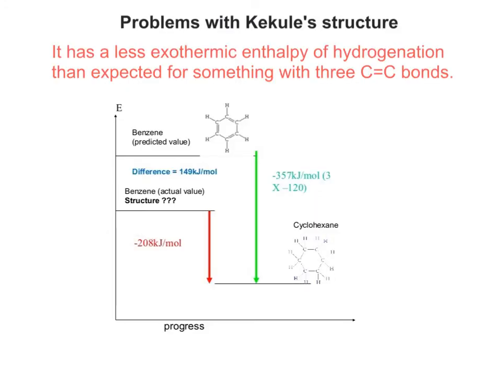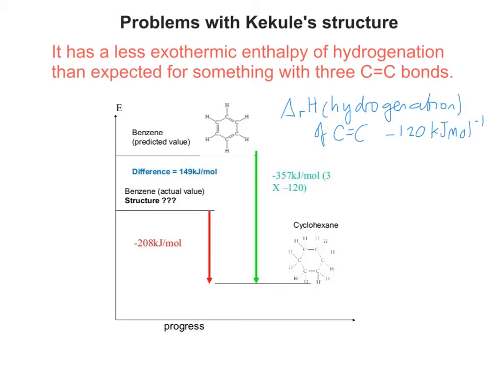When we hydrogenate benzene using hydrogen gas and a nickel catalyst, the enthalpy change is a lot less than what we'd expect. If you were to assume that benzene had three carbon-carbon double bonds, each carbon-carbon double bond has a hydrogenation enthalpy of minus 120 kilojoules per mole.